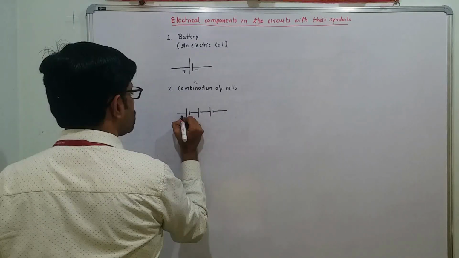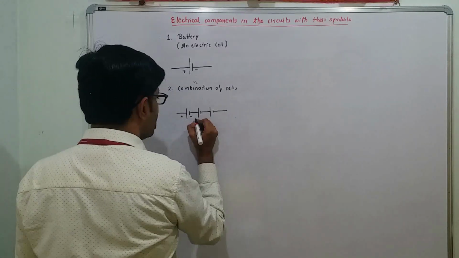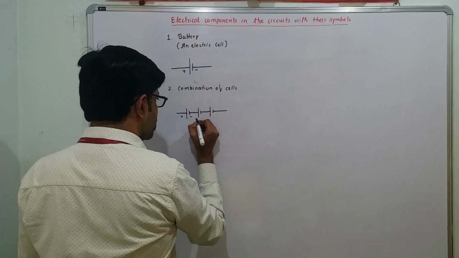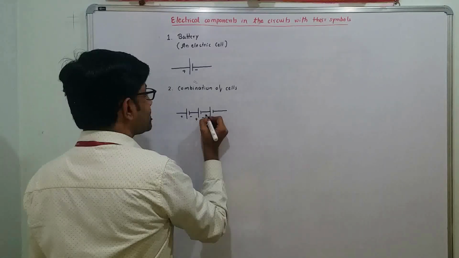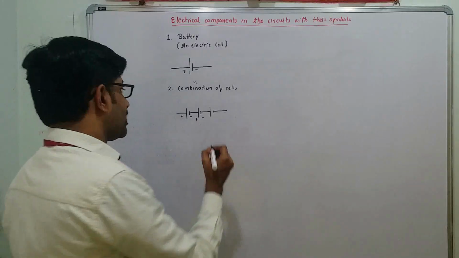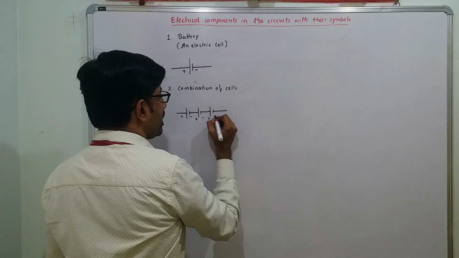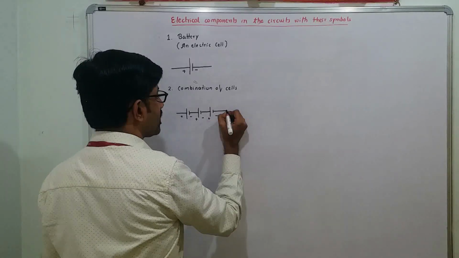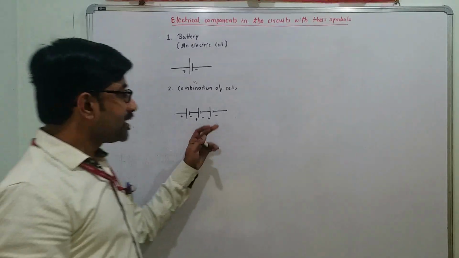So this is the positive end of the first battery, this is the negative end of the first battery, this is the positive end of the second battery, and this is the negative end of the second battery, positive end of the third and negative end of the third respectively. This is the combination of cells, especially in series.